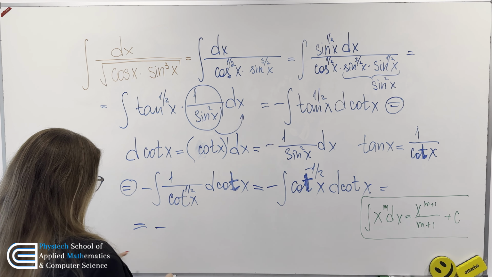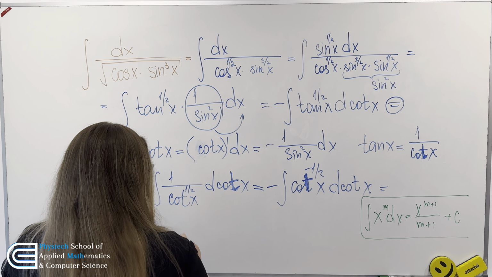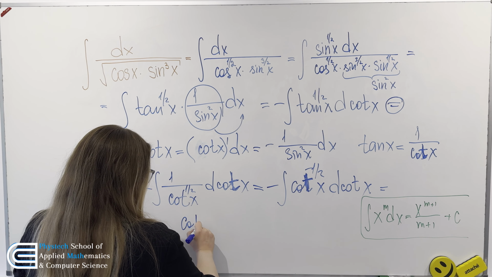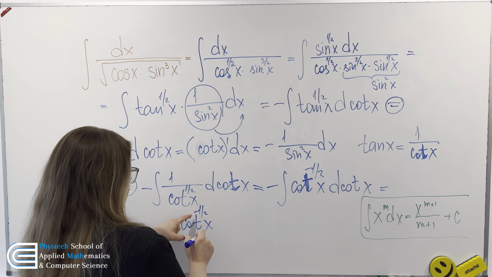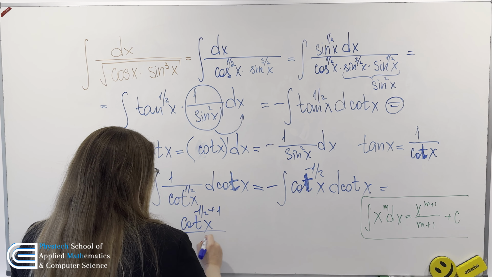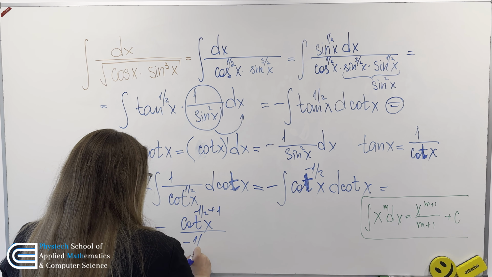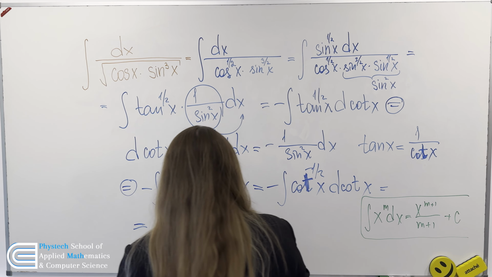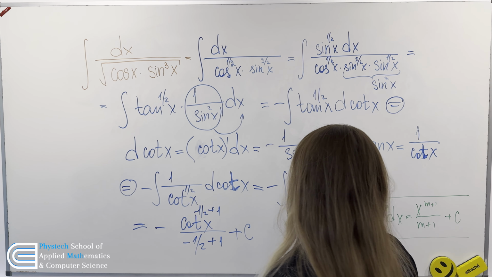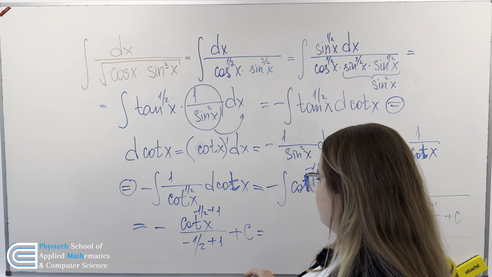So we have minus, then cotangent of x and its power minus 1 divided by 2 plus 1, and here minus 1 divided by 2 plus 1 plus c, where c is constant.